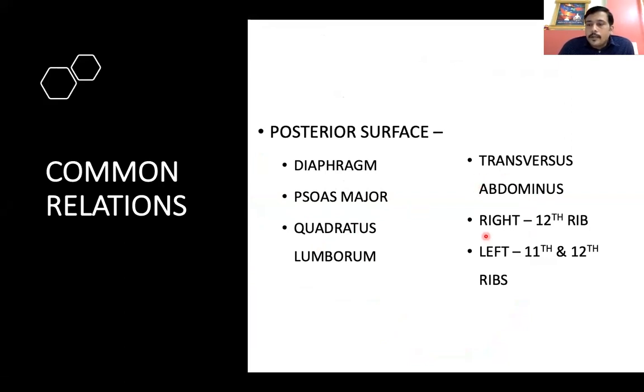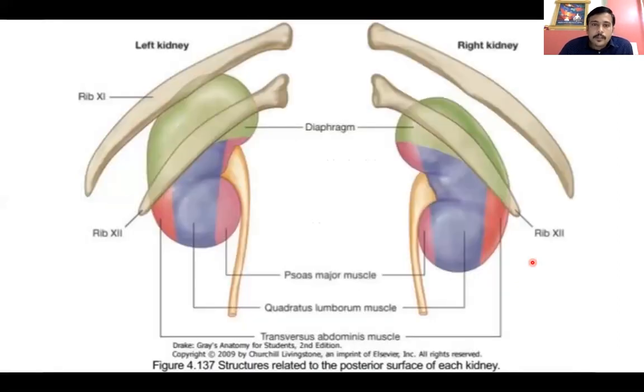On the right and left side, there is a small difference, but in general, they are the ribs itself. The right kidney posteriorly relates with only the 12th rib, whereas the left kidney is relating with both 11th and 12th ribs.